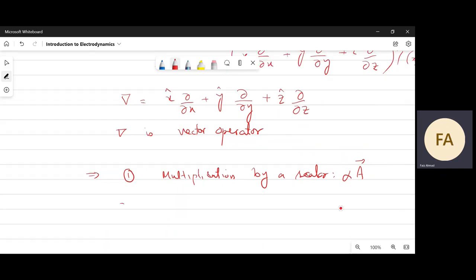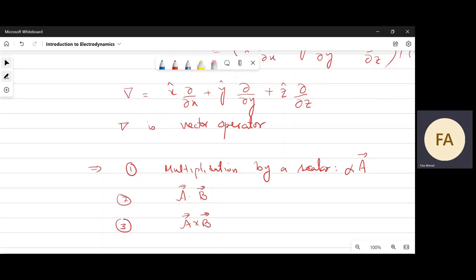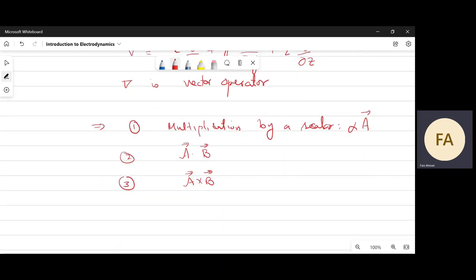The second was the multiplication of two vectors, the dot product. If we have two vectors, the dot product is A dot B. And the third was multiplication by cross, A cross B. So we have three different types of vector multiplication.